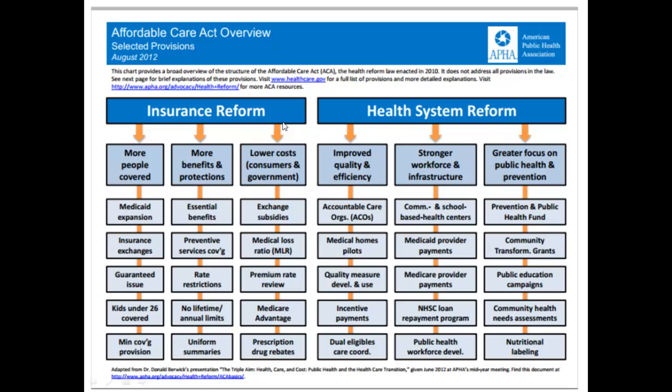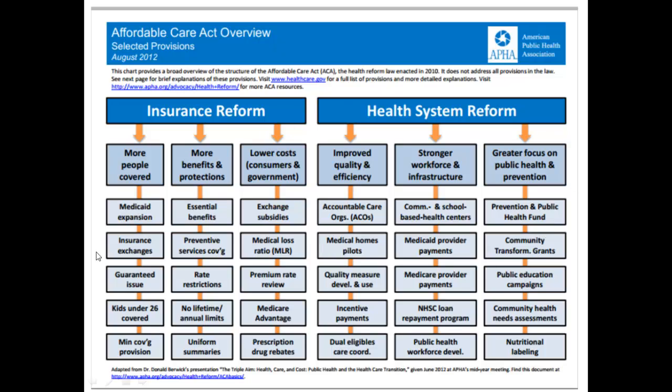With insurance reform, more people are going to be covered, there's more benefits and protections and lower costs within that space. The other, health system reform, is efforts around quality and efficiency and workforce development and infrastructure. And the focus, which you hear me talk so much about because it's my passion, is public health and prevention.